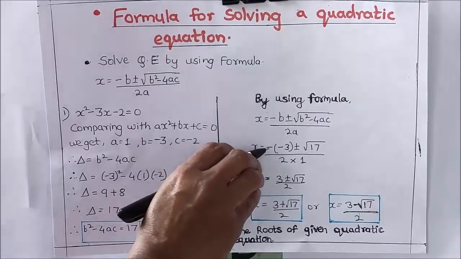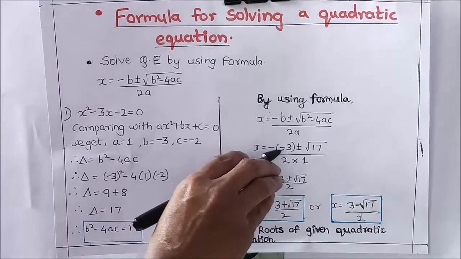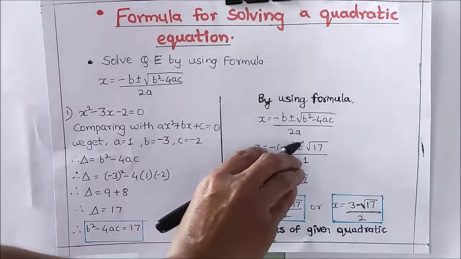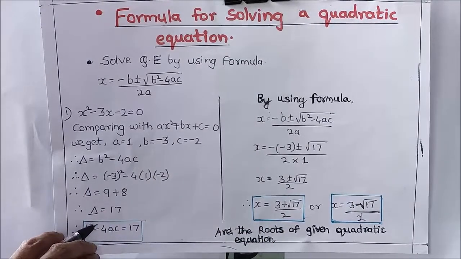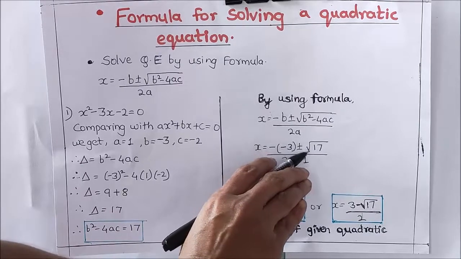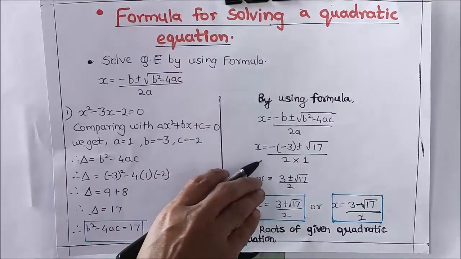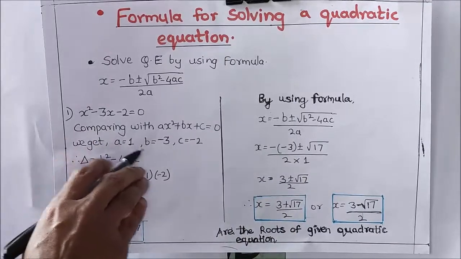Now x equals minus b, whose value is minus 3. I will write in the bracket minus 3 plus or minus root of b square minus 4ac. I have got the value of b square minus 4ac as 17, so I will write root 17 upon 2 into 1, since the value of a is 1.